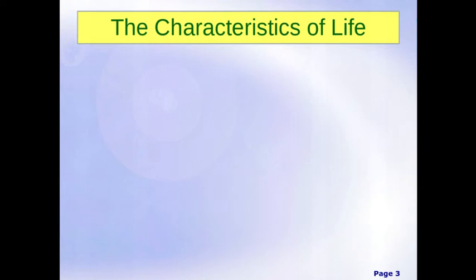So we're going to create a list in your notebook under the characteristics of life. You can do these as bullet points as we get into them, but the characteristics of life are broad in that there's not a specific list that all scientists in the world adhere to, because life can be such a complex topic. So we're going to look at some general characteristics that are basically agreed upon by scientists that qualify life.